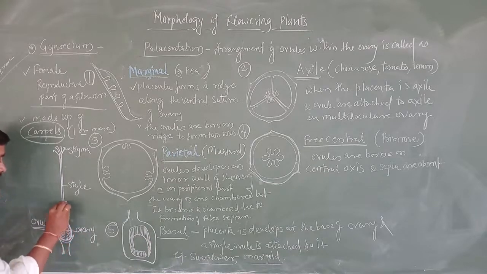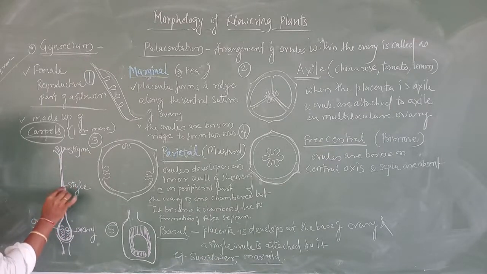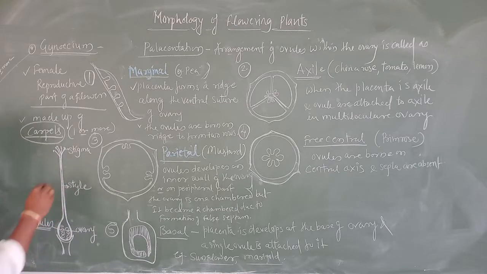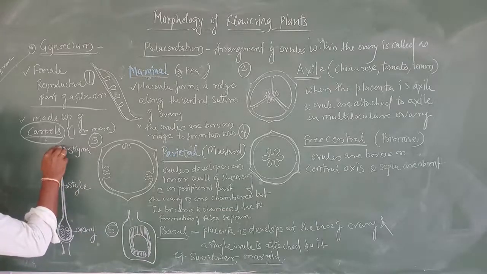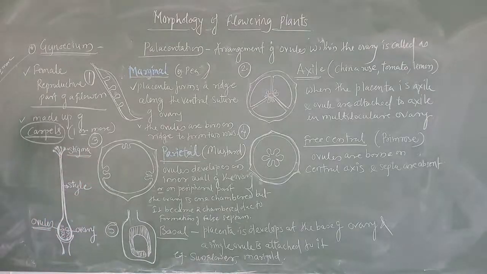Above that ovary you get a slender, elongated, tube-like structure called the style. And at the end, you get the stigma.